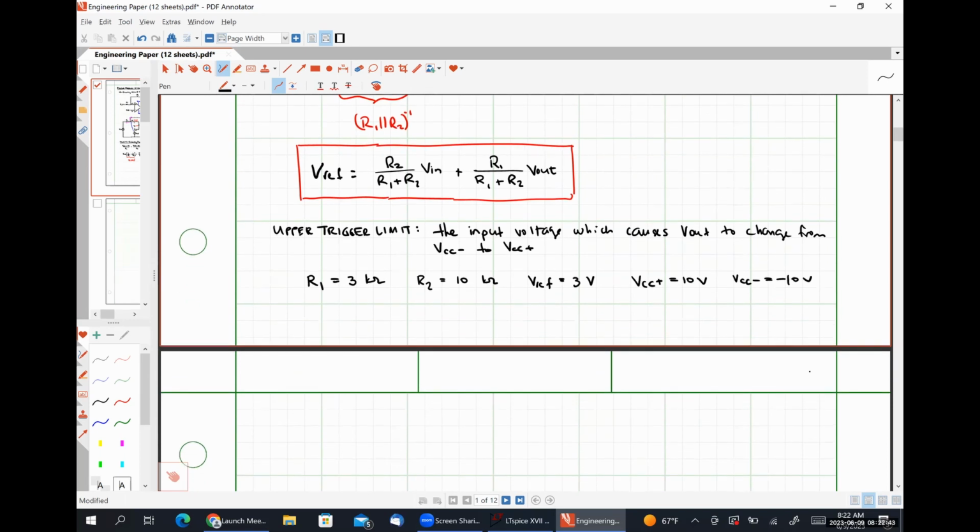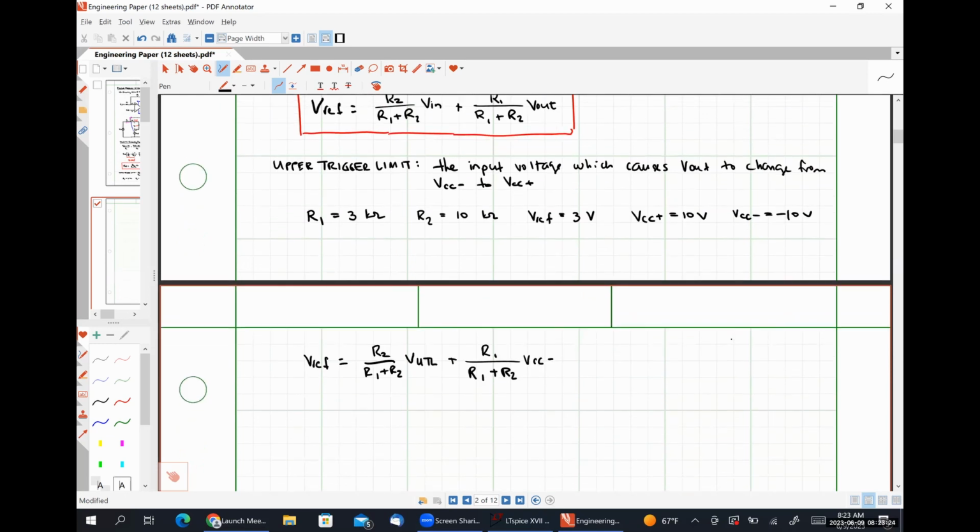So we can calculate our upper trigger limit voltage by saying that Vref will be equal to R2 over R1 plus R2 times V upper trigger limit plus R1 divided by R1 plus R2 times our output voltage. We want our output voltage to go from low to high, so we're going to put VCC minus into our equation right here. And now I'm going to substitute in my numbers, right?